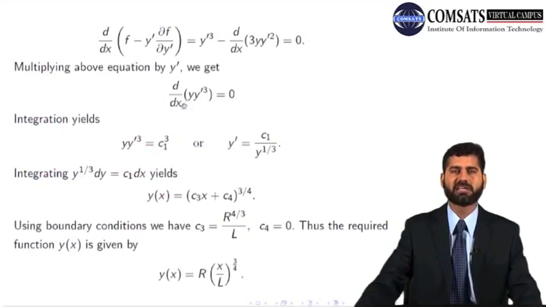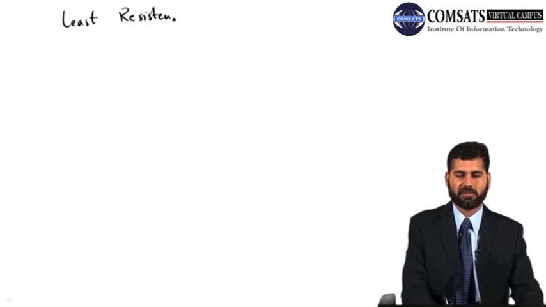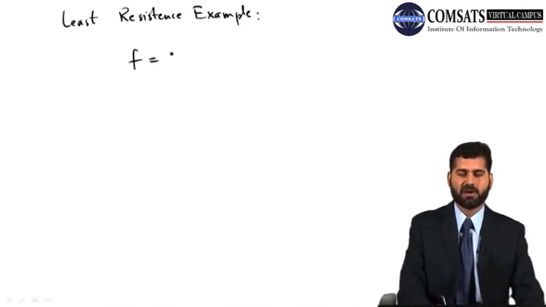So let me put the details on the board, how we are getting all of this. The least resistance example. That's the reference of this calculation. So my f is y times y prime cube.